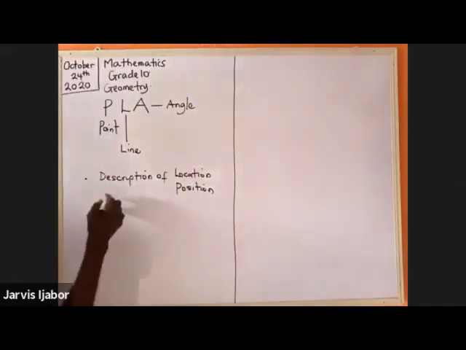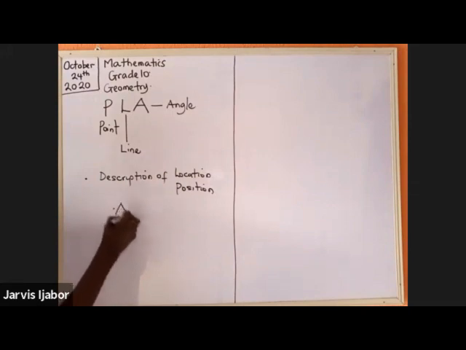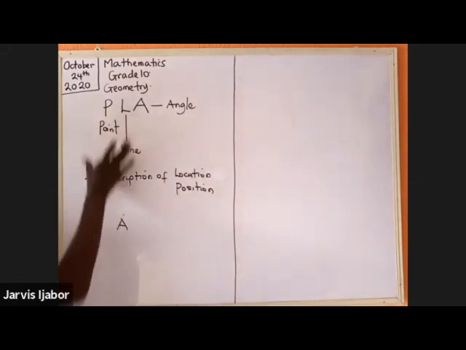Now, we usually represent a point by a dot and a capital letter. So if I write a dot and a capital letter, this is what we call a point, a location. So every time you see a point in mathematics, we're concerned with what? The location of that thing. All right, so that talks about a point.